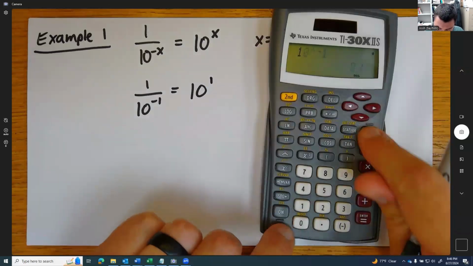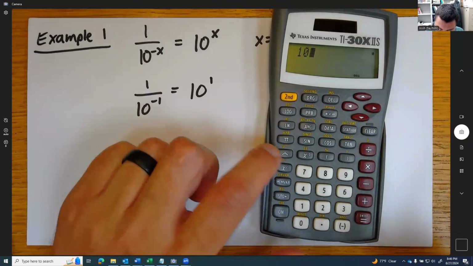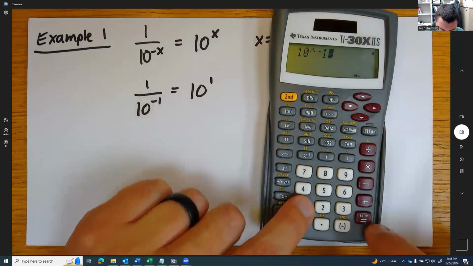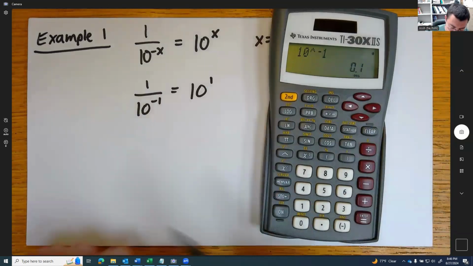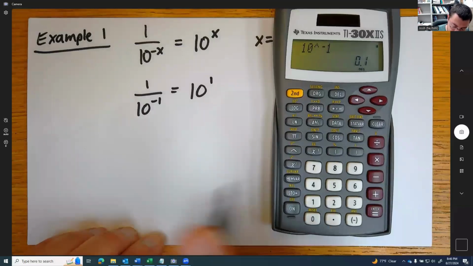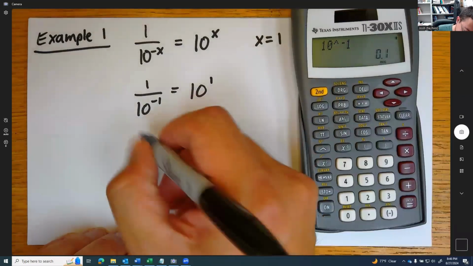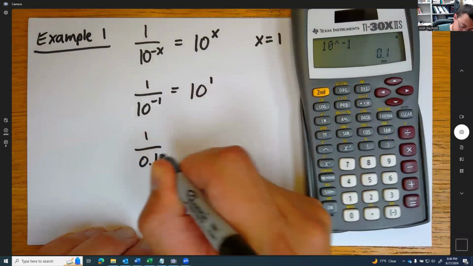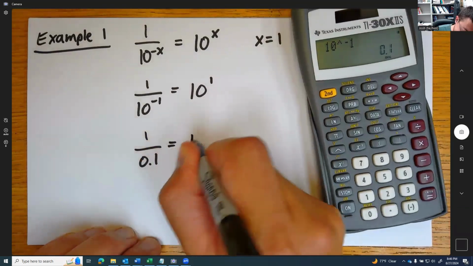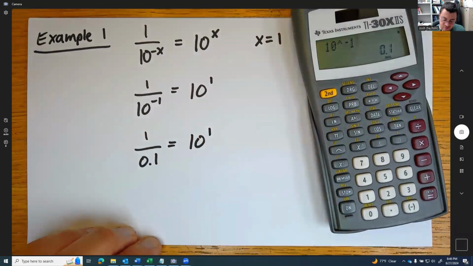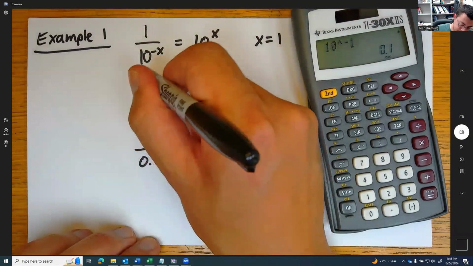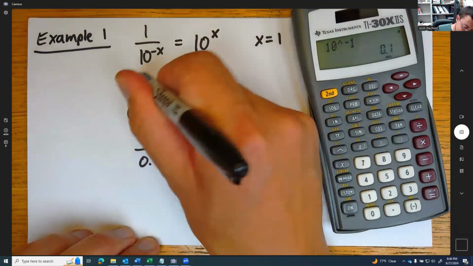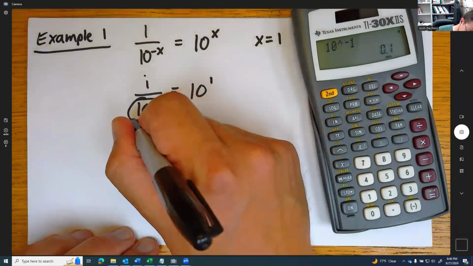Let me just show it again. 10 to the power of negative 1 is 0.1. So I'm going to rewrite this like that. So we just took this part and we transformed that.